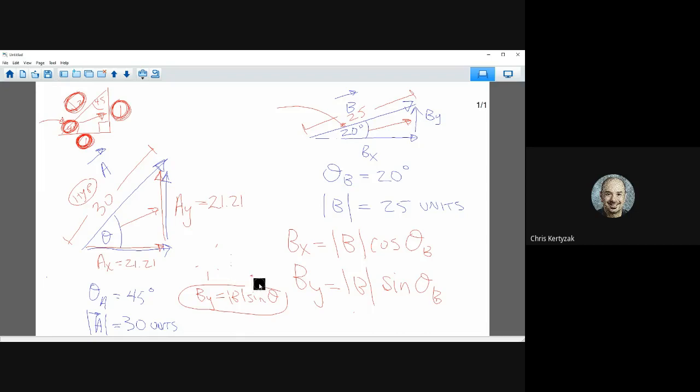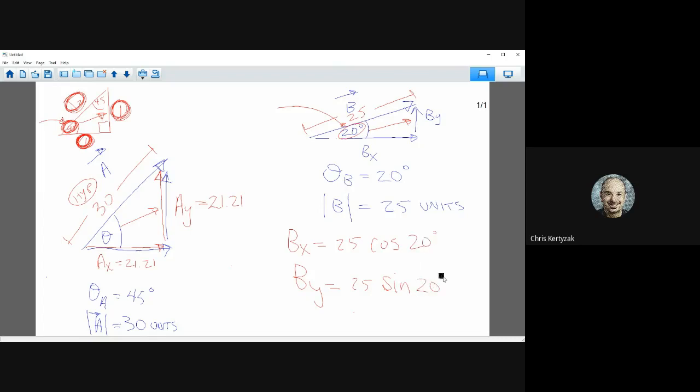So for vector B, the physical length of vector B was 25. So I don't really need the absolute value symbols there anymore. I can just get rid of those. 25 is the length of the hypotenuse for vector B, and the direction was 20 degrees.